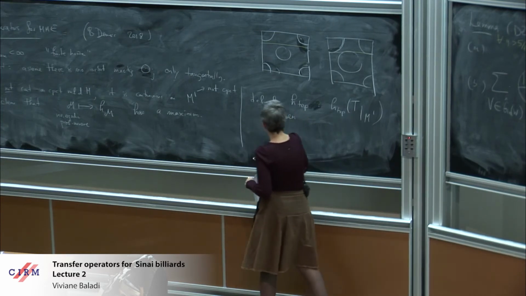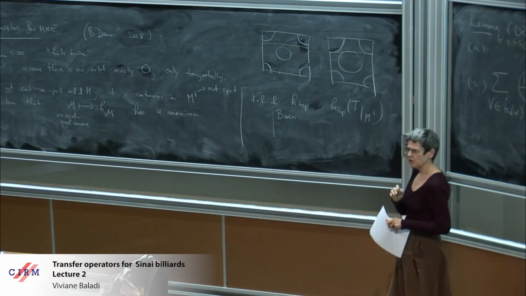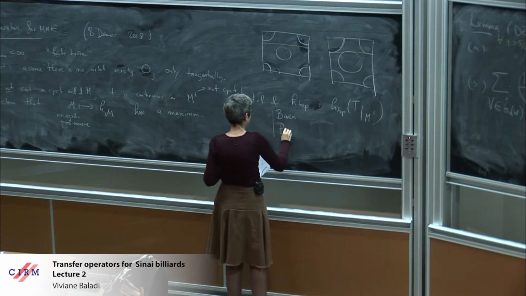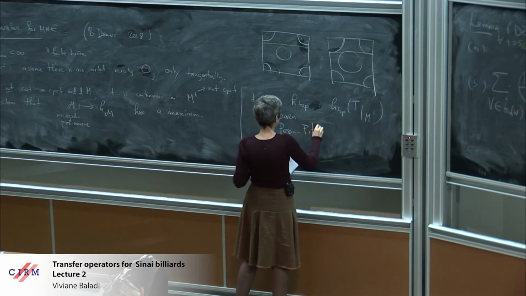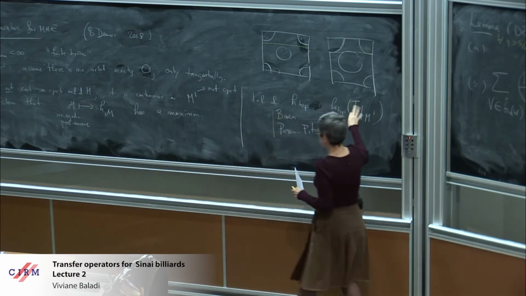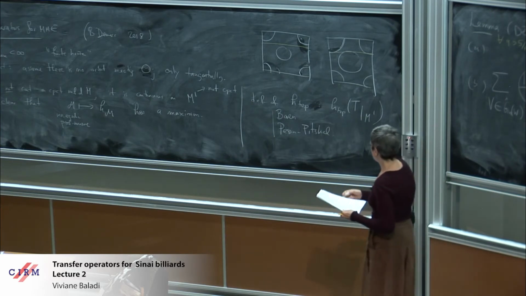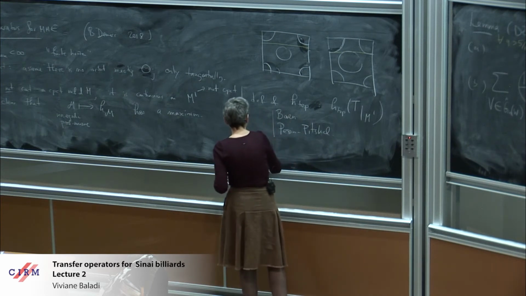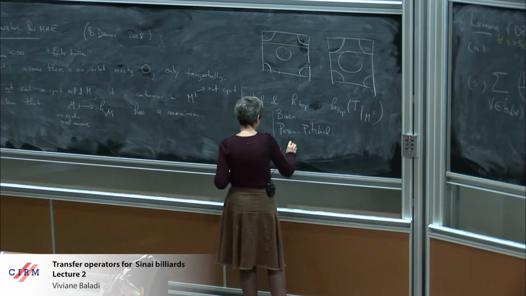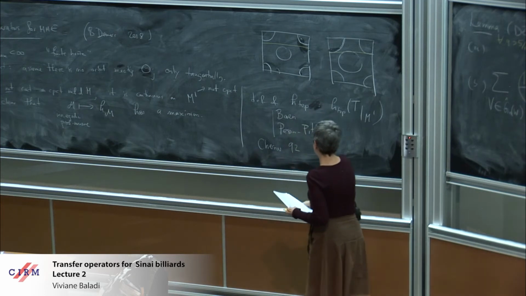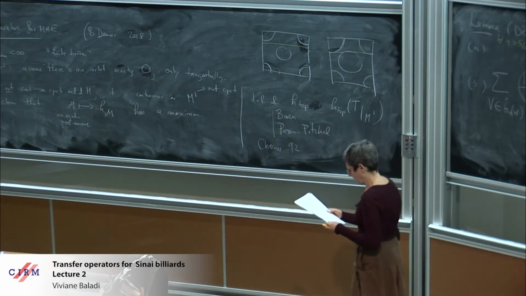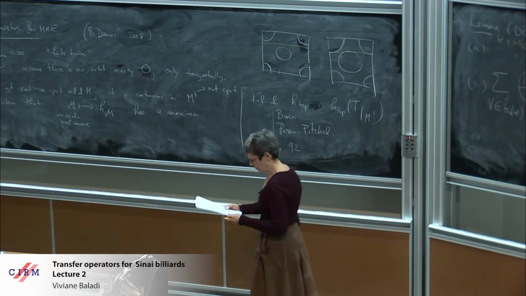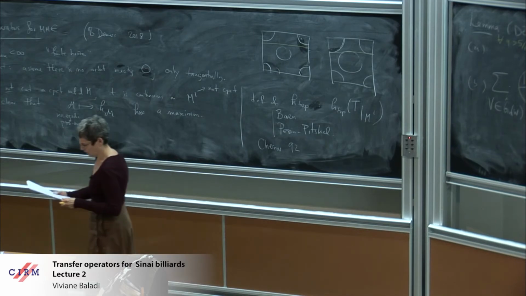There is a definition of, I don't know if Yasha is here, of Pesin and Pitskel, or Pesin alone, I don't know who I should quote, but you can find it in a paper of Pesin and Pitskel, which basically applies to this setting. And if you look in the literature, you will see that there's an old paper of Chernov from '92, which discusses a little bit the topological entropy. But he does not give a measure of maximal entropy for the map.